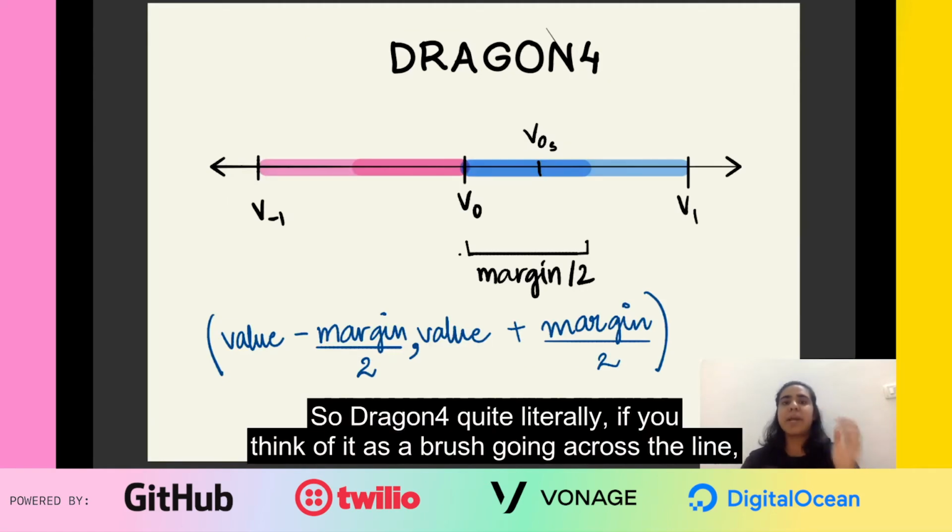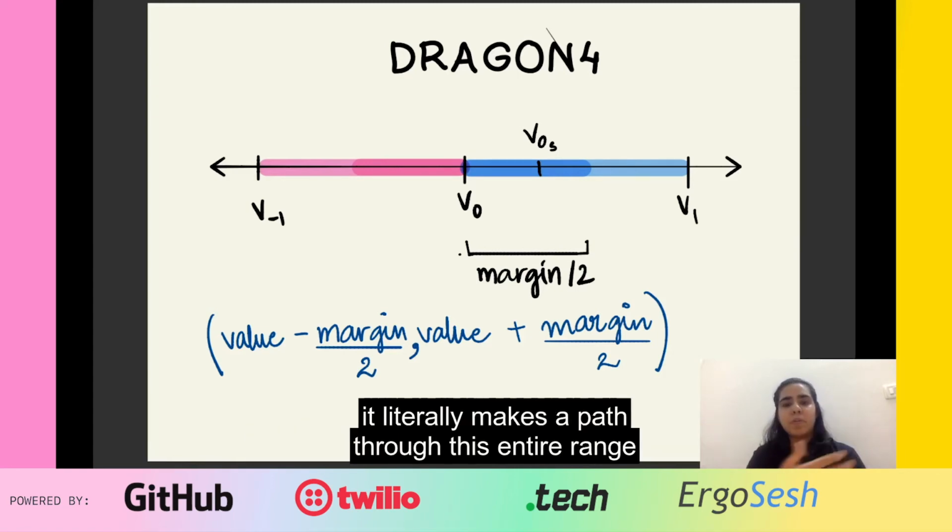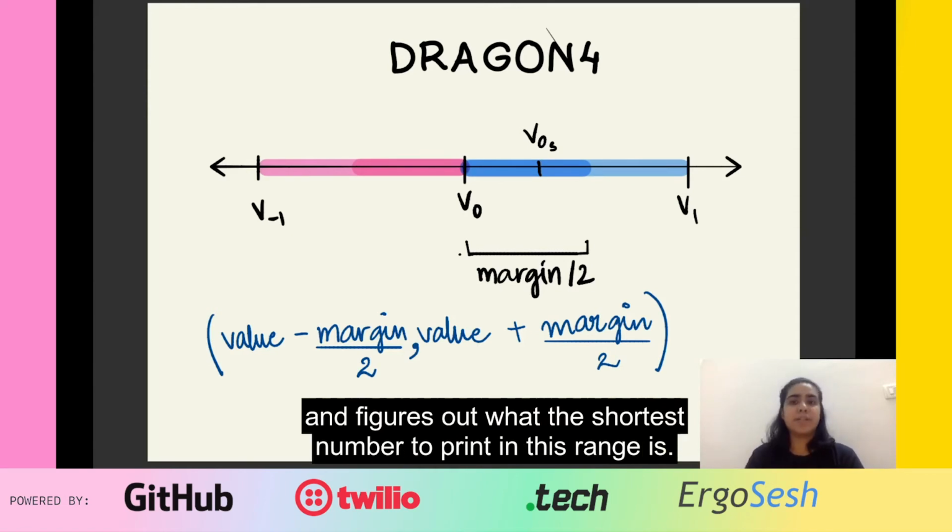So Dragon 4, quite literally, if you think of it like a brush going across the line, it literally makes a pass through this entire range and figures out what the shortest number to print in this range is.